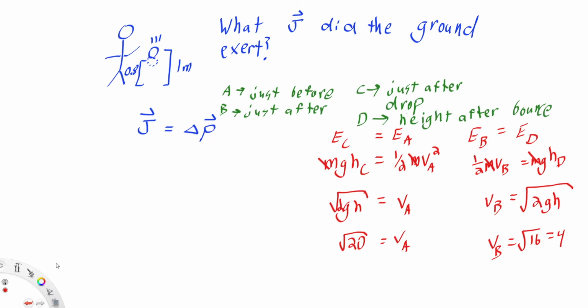But to analyze the collision itself, we have to use momentum. So now we would like to say that the impulse that the ground exerts must be equal to the change in momentum, which is going to be momentum B minus momentum A.